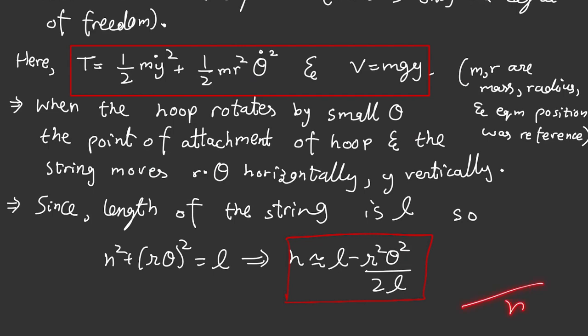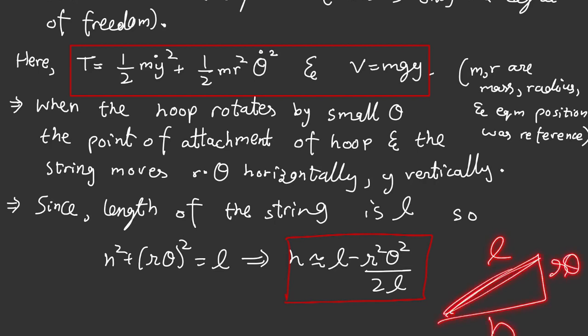So there's a right angle triangle with H, r theta and L. H is in the vertical direction. This would be the length L, H would be the height, and r theta would be the amount it moved horizontally. So L square would be nothing but r square theta square plus H square.